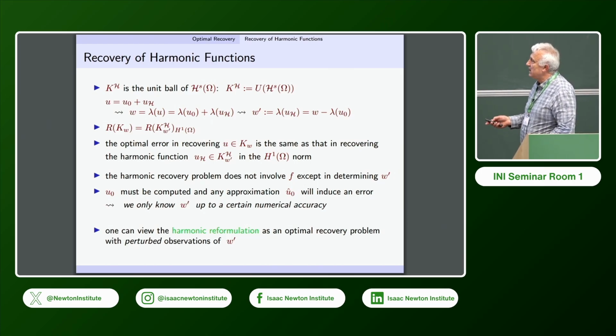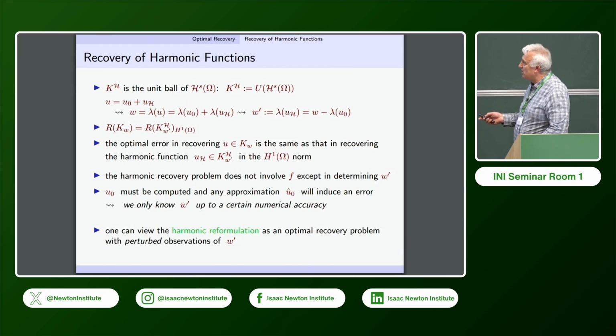And then our solution is from this U0 and UH, where we, of course, should have different data, because when we find the U0 solution, it could have some different values of the lambda functionals, which we call W prime.